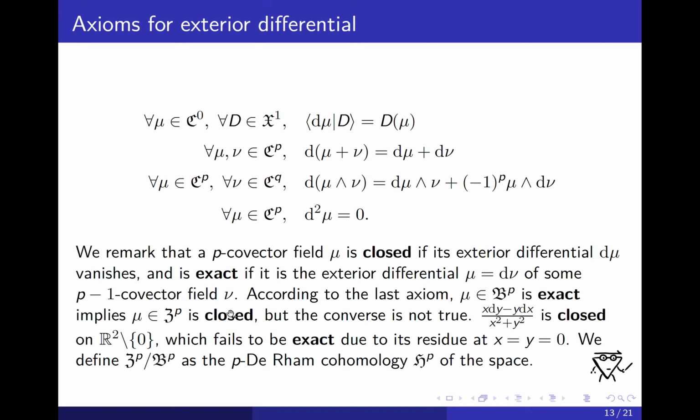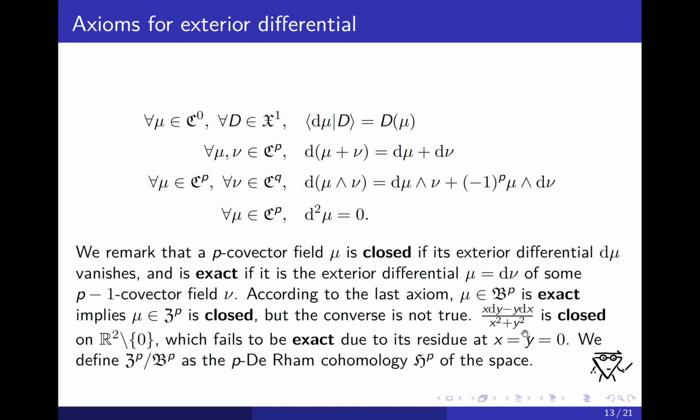And the reason is that the two concepts are actually equivalent if our domain is small enough. By small enough, I mean the domain is a ball or a disk or something contractible. So according to the last axiom, a form is exact implies that the corresponding form is closed. But the converse is not true. It is a domain issue.